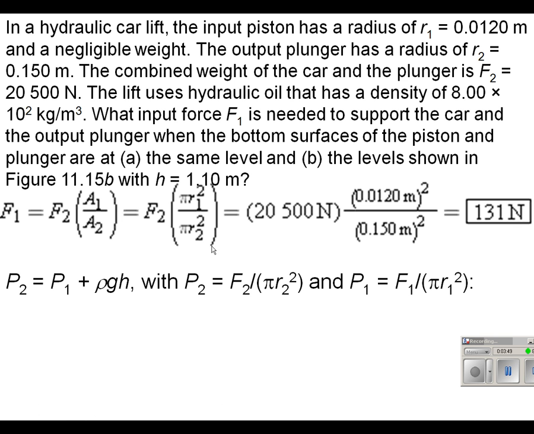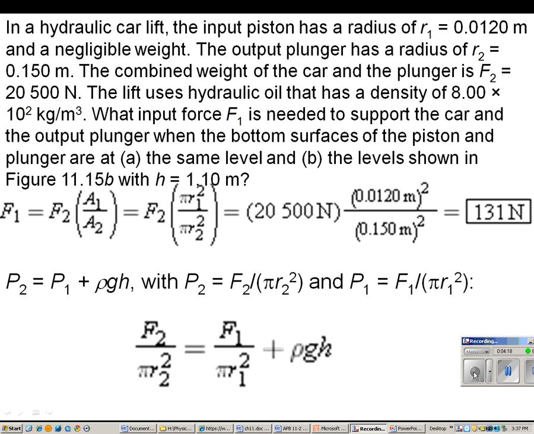Now how do we deal with it when we have that liquid height? Well, what we say is that pressure 2 is equal to pressure 1 plus rho g h, with pressure 2 equaling force 2 divided by pi r squared, that's the area, and pressure 1 is force 1 divided by pi r squared, which is the area. This is the height of the liquid, so we have the pressure 1 on the left-hand side plus the liquid.